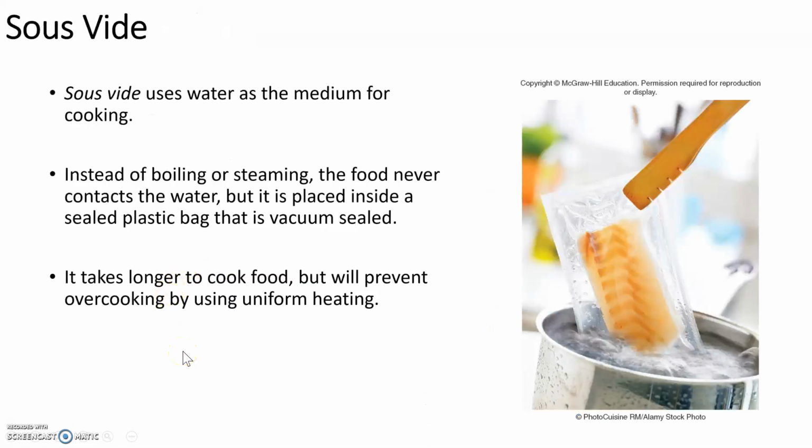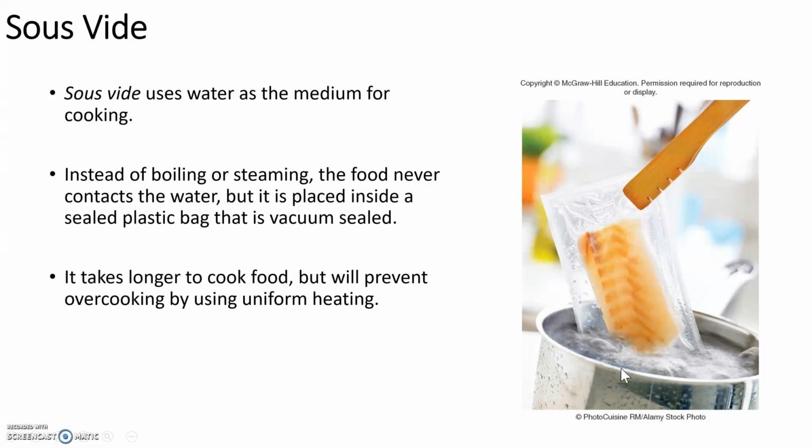Something else that you've seen an increase in recent years is the sous vide method. This is also a method in which water is used as your means of cooking, your transferring of heat. With this method, you typically have a piece of meat or whatever food you're cooking that you put into a vacuum sealed bag, and then you stick this into your water.